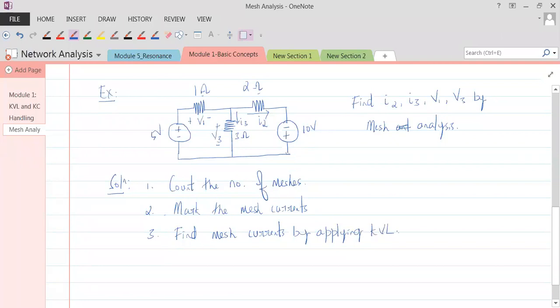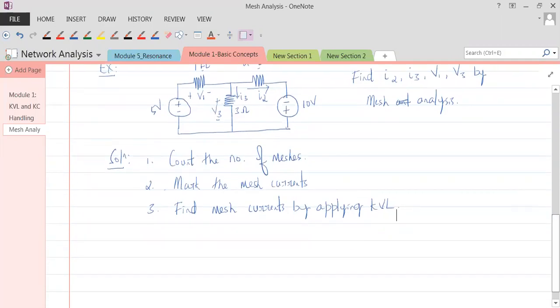Is this okay with you? Now, then express, then find the branch currents and voltages in terms of mesh currents.